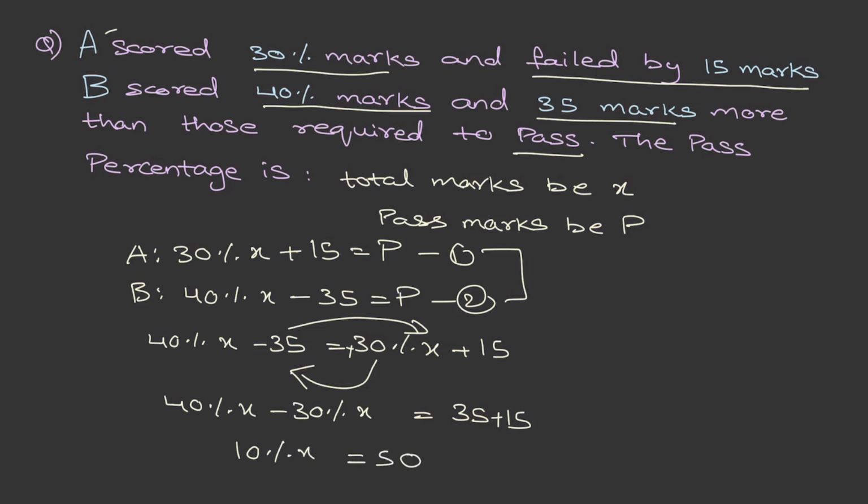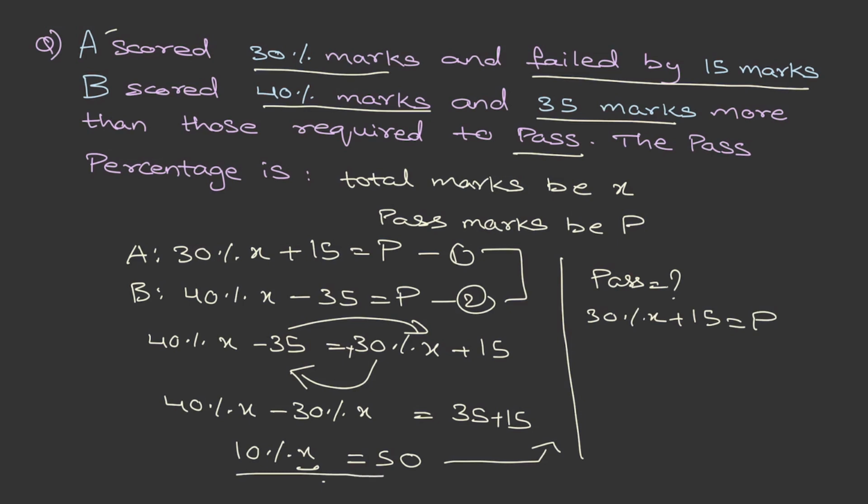So from this we can get X value, but they've asked us to find pass marks. So substitute this value in any of the both equations and find the value of P. Let's substitute in the first one. 30% X plus 15 is equals to P. Here we know 10% X is equals to 50.